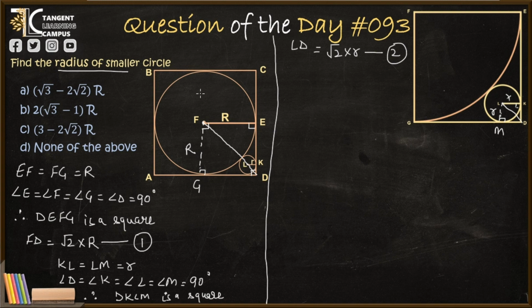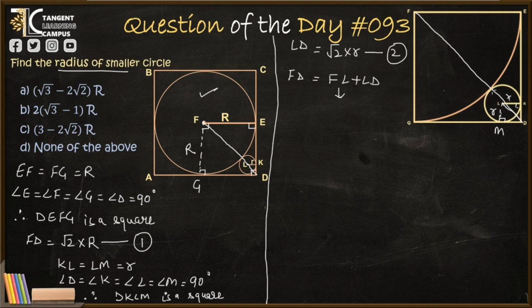And from this figure we know that FD is the diagonal of the DEFG square, and LD is the diagonal of the small square, that is DKLM. So we can write FD as a combination of FL plus LD. Now we can also break this FL.